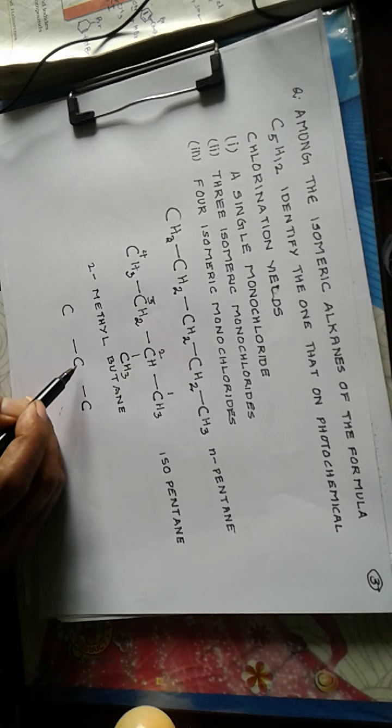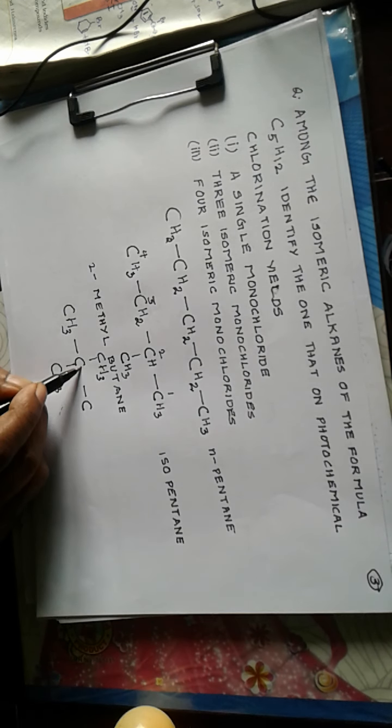So that possibility is also avoided. So the only remaining carbon is this middle carbon. You connect the 4th and the 5th carbons to the middle carbon. Then you get CH3 here, CH3 here, CH3 here, and there is no H on this carbon because already its valence is 4.